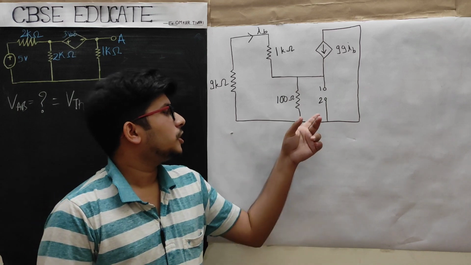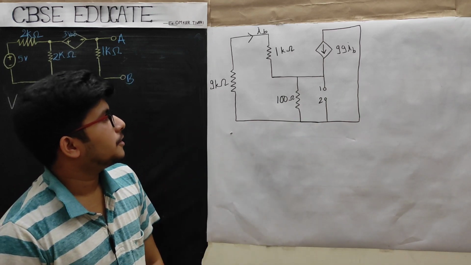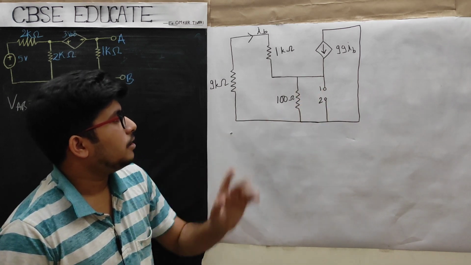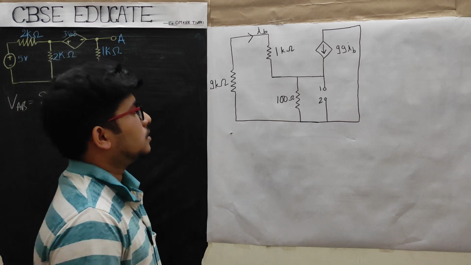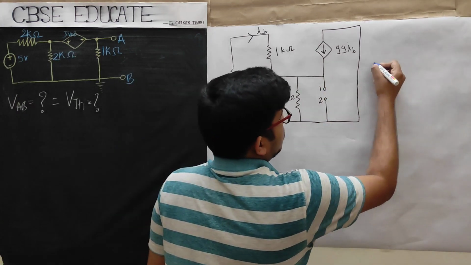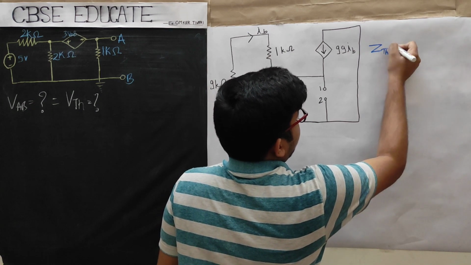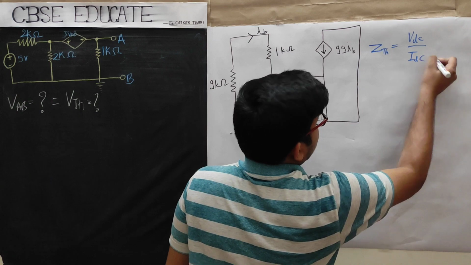In this, the question asks you to find the equivalent resistance across terminals 1 and 2. So how can you solve this? Suppose you have to find the ZTH, and ZTH is VDC by IDC.